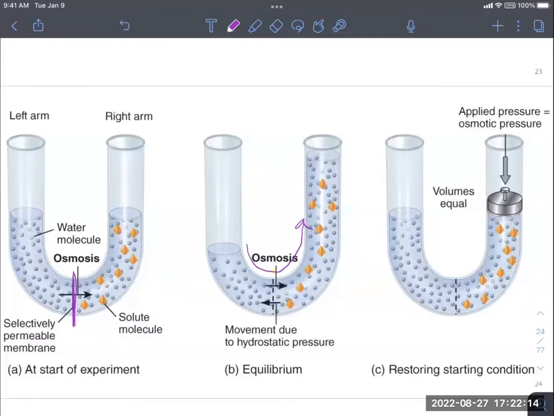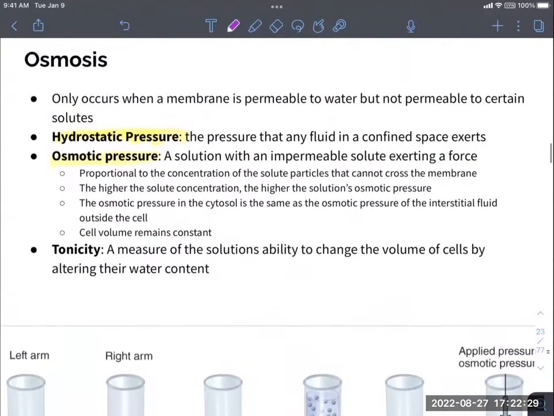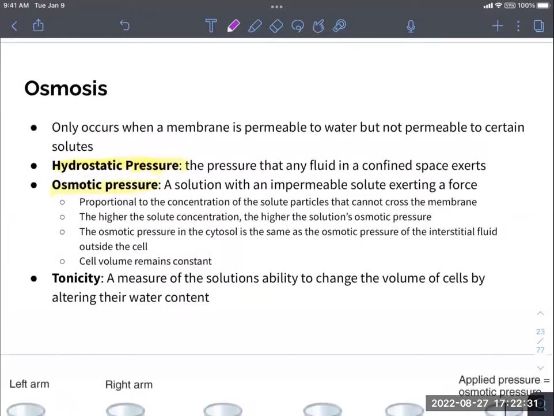But if we apply some kind of osmotic pressure, which is what we do with this piece here, it levels everything out and restores it back to its starting condition. That helps cell volume remain constant. We don't want cells to get too much water in them or too little water at the same time.